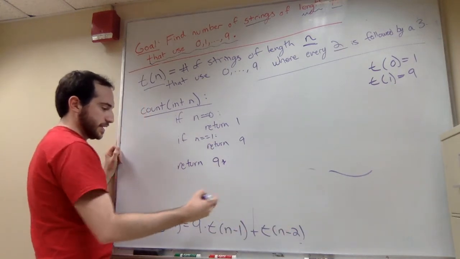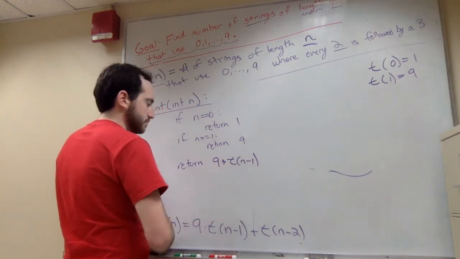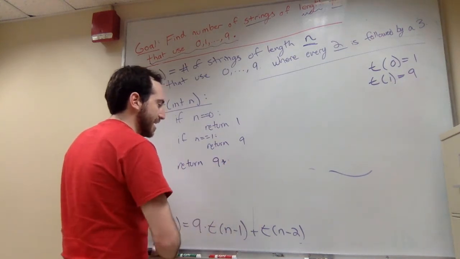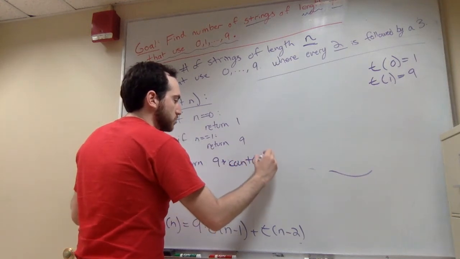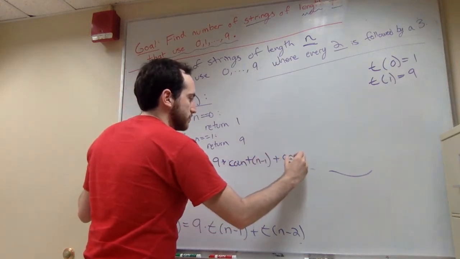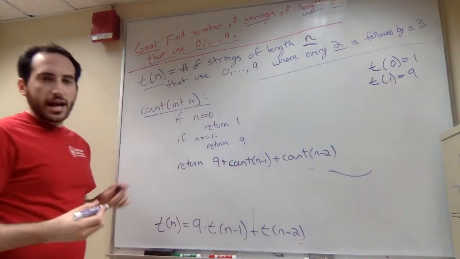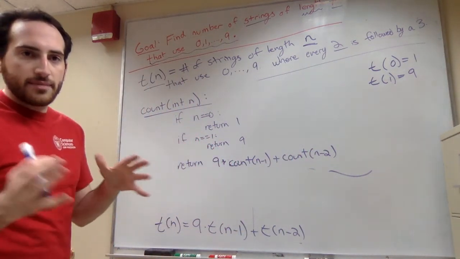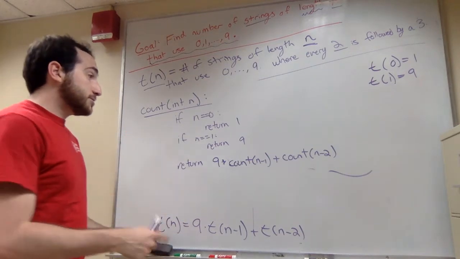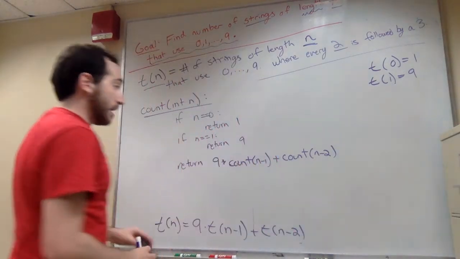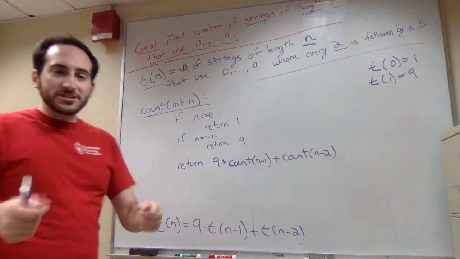We return t of n, which is defined recursively. Sorry, not t, I changed it to count: count of n minus 1 plus count of n minus 2. The only reason I changed the name was so that we could keep this differentiation between the math function and the program. So now we have a computer program, well, a pseudocode program that computes this number.